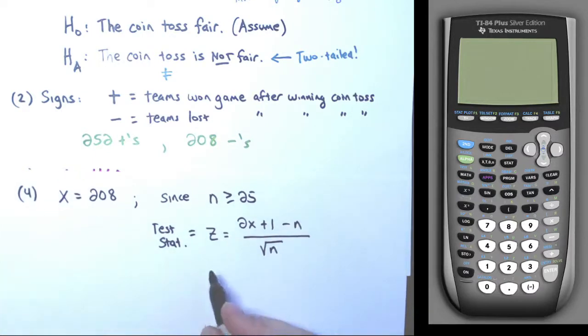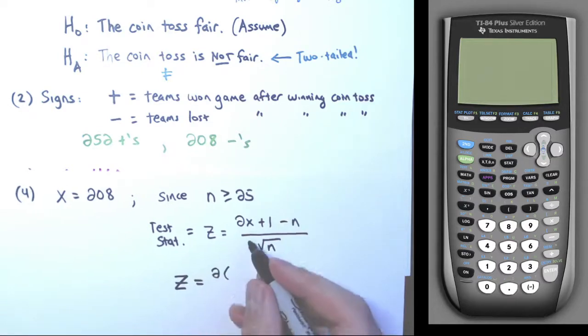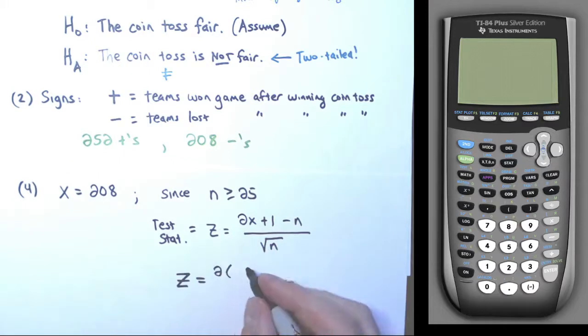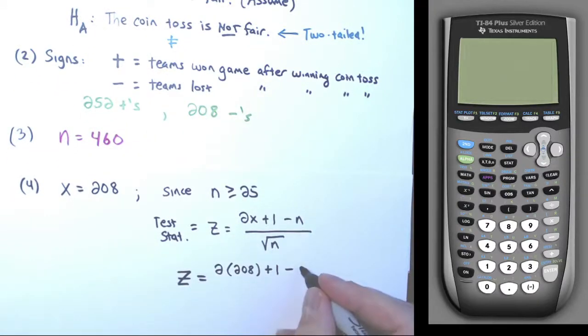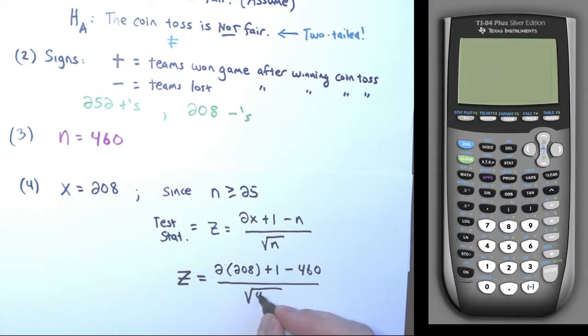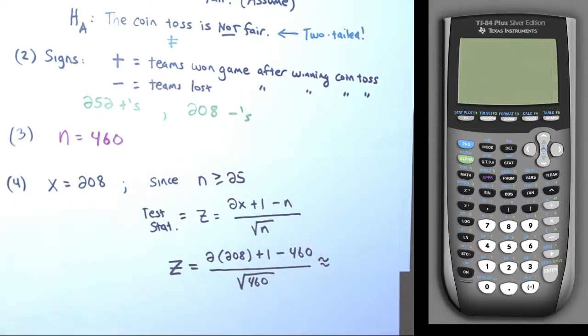Right? So the z-score, our test statistic, is 2 times the x was that 208, the least frequent of the signs, that number, plus 1 minus n is 460. And this gets divided by the square root of 460. All right, just as before, I'm going to round this to 2 decimal places.